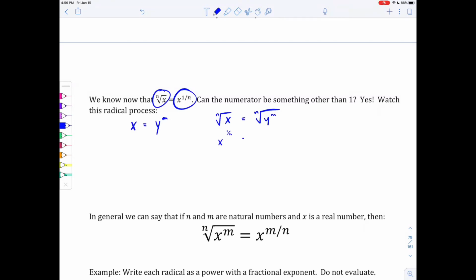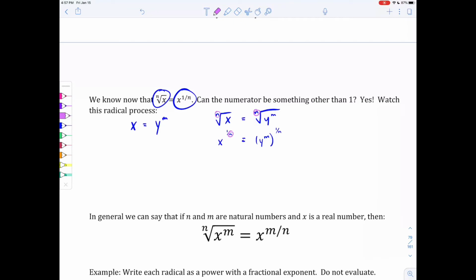And in the same way, on my right-hand side, I could take my radicand, y to the power of m, and say, well, that's just the same as the nth root of y to the power of m is the same as y to the m to the power of 1 over n, because my index becomes my denominator of this fraction. Right?